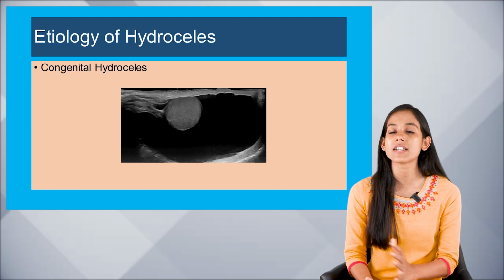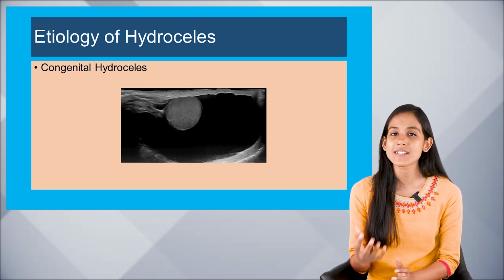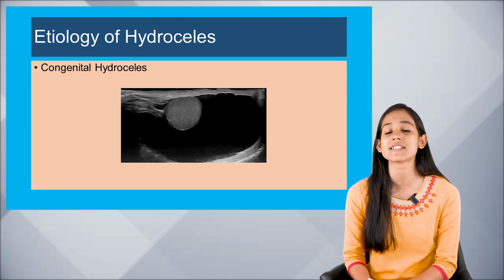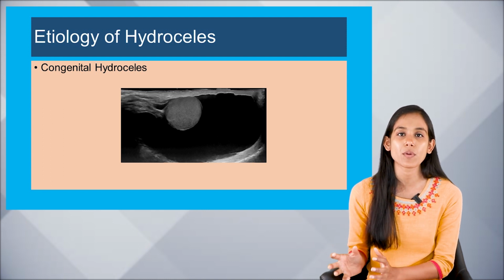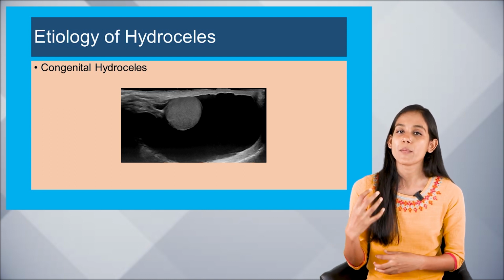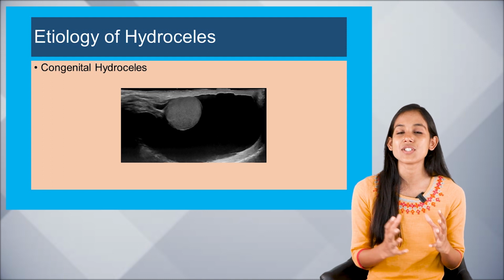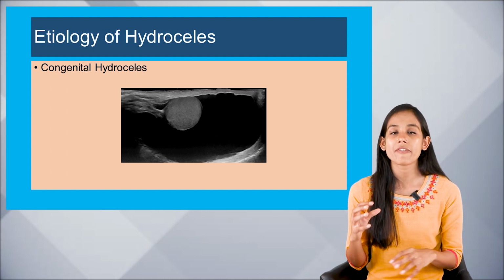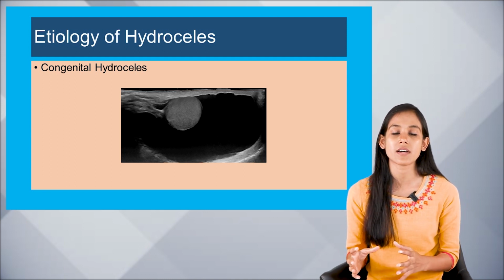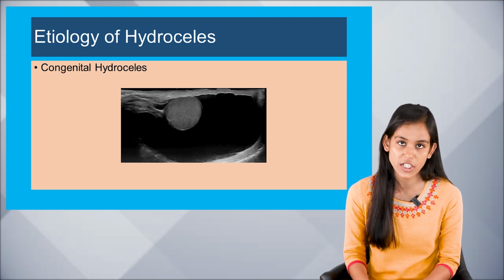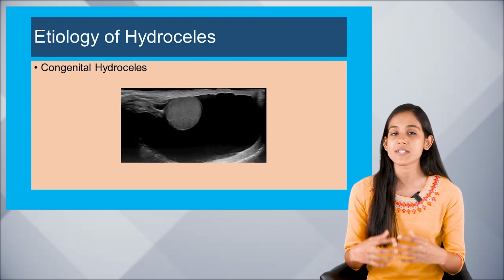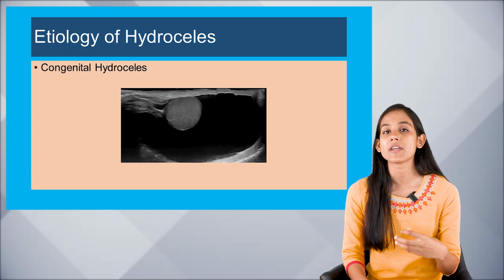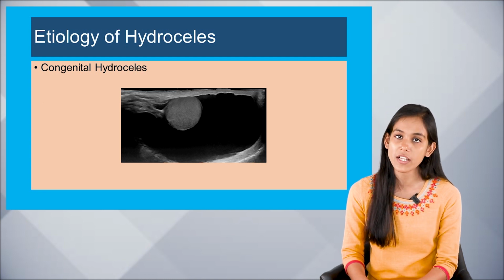We have already learned that in this processus vaginalis there would be collection of peritoneal fluid. So we call it congenital hydrocele when there is failure of closure of this finger-like projection, which we call the processus vaginalis, and there is accumulation of peritoneal fluid.